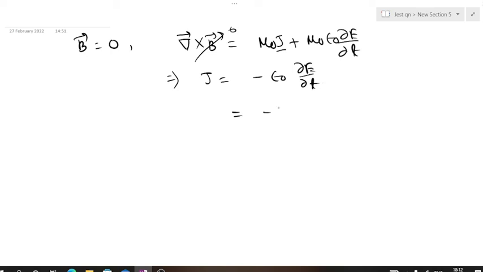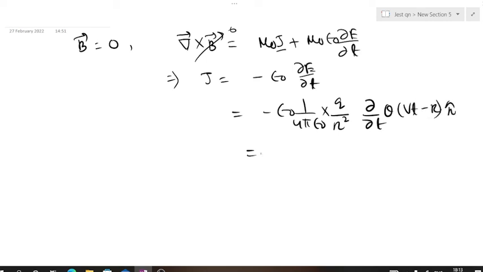So minus, in case of the electric field, put that electric field, 1 by 4 pi epsilon naught into Q by R squared. The only time dependent term is the step function, that is (vt minus r).